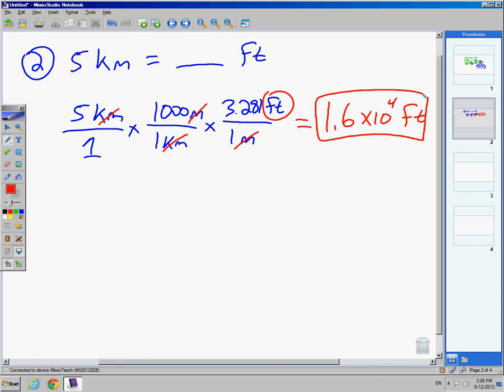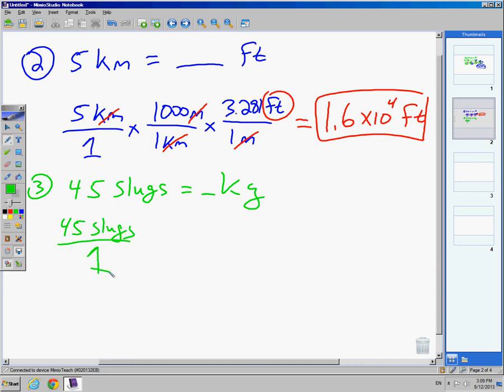Let's try number 3. Number 3 says 45 slugs, and that is going to go into kilograms. So I have 45 slugs over 1. That makes it easier. This is a very quick conversion.